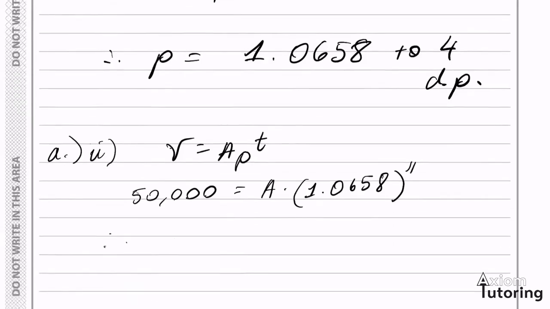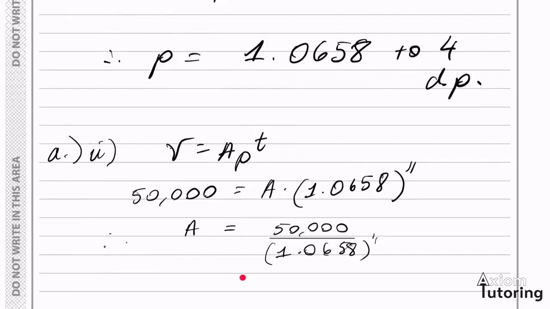So all I have to do is rearrange and make A the subject. So A is 50,000 divided by 1.0658 to the power of 11.